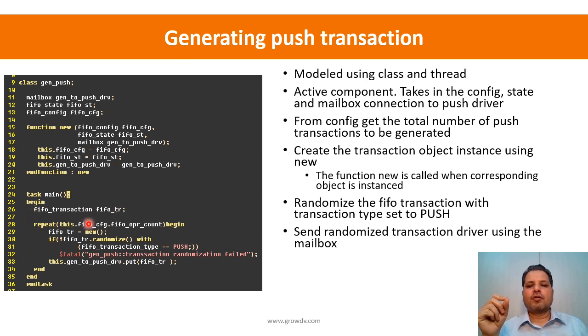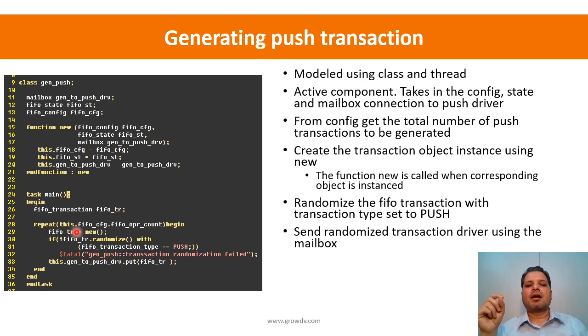FIFO transaction is a class, and with that particular class name we have declared a handle. And then, if you see, we are using the config, right? In the config there is another variable called FIFO operation count, and we are saying for this many counts, generate the FIFO transactions, right? That's what we are doing in the generator.